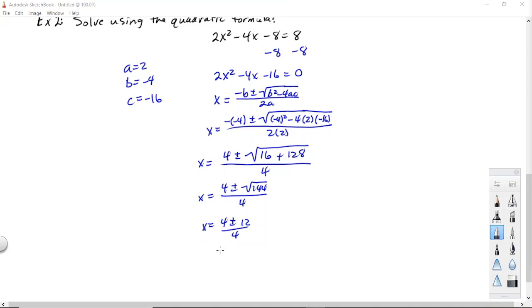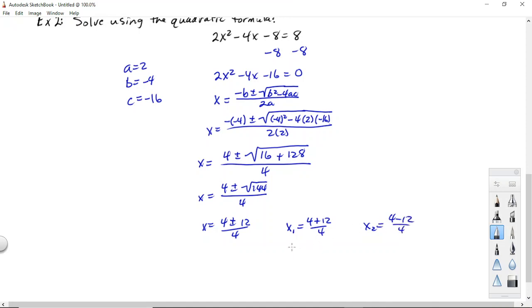I'll just move it over here a little bit to make sure I have enough room. X sub 1 equals 4 plus 12 over 4. X sub 2 equals 4 minus 12 over 4.